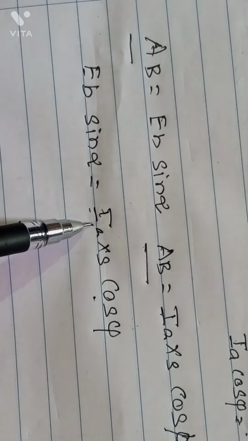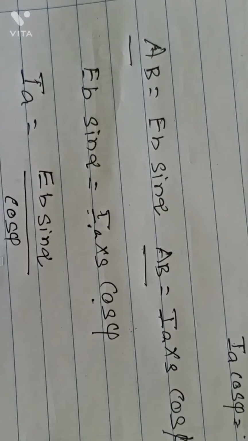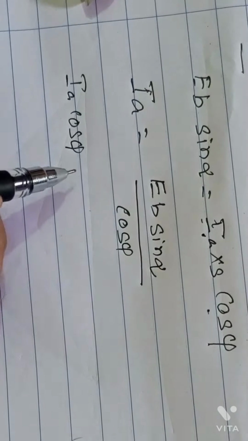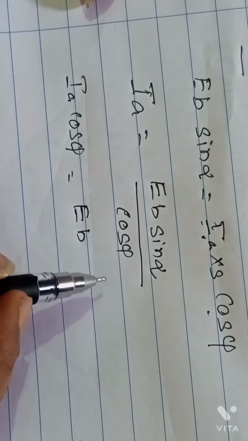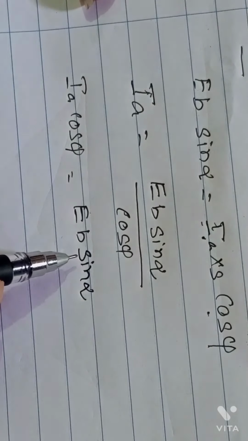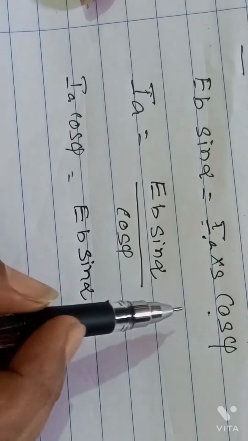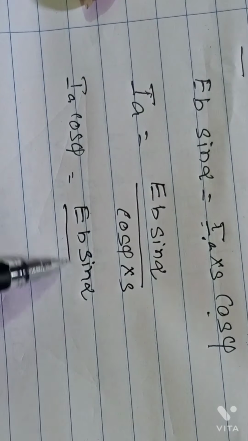At the same time, you want a current. So IA cos phi is equal to EB sin alpha divided by XS. Here also XS is missing now.